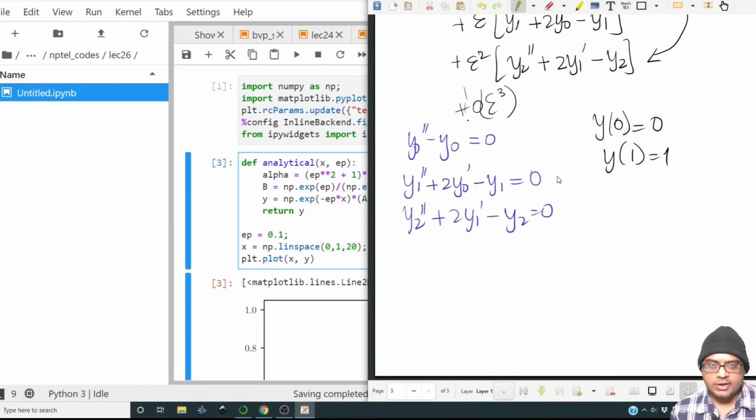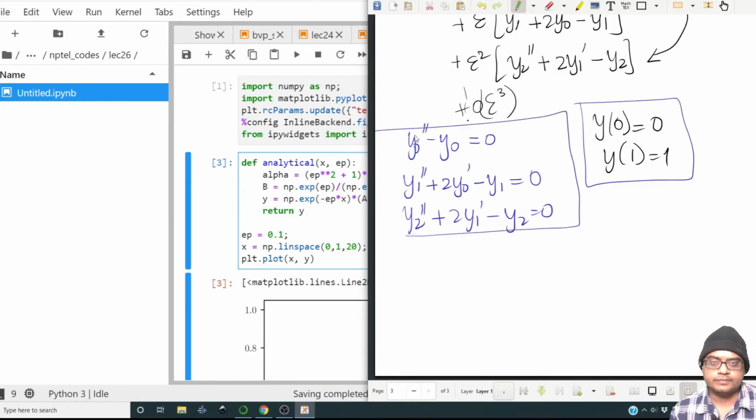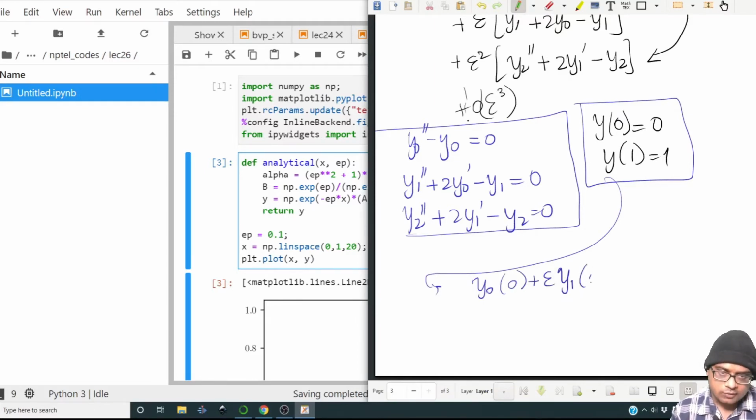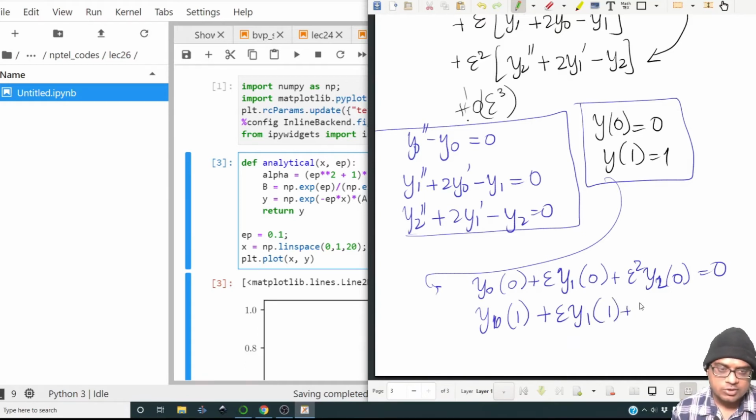So similarly we can write over here y naught at 0 plus epsilon y1 at 0 plus epsilon square y2 at 0, all this is equal to 0, and we can write y0 at 1 plus epsilon y1 at 1 plus epsilon square y2 at 1 equal to 1.